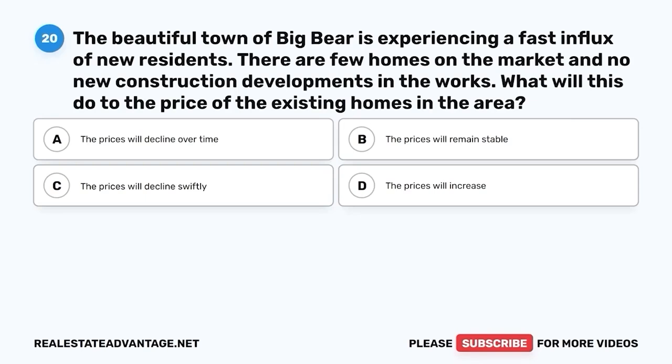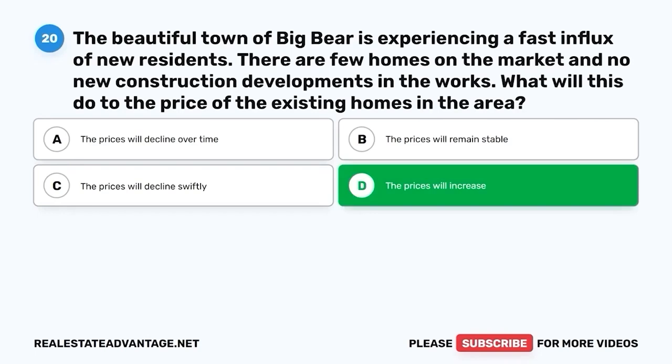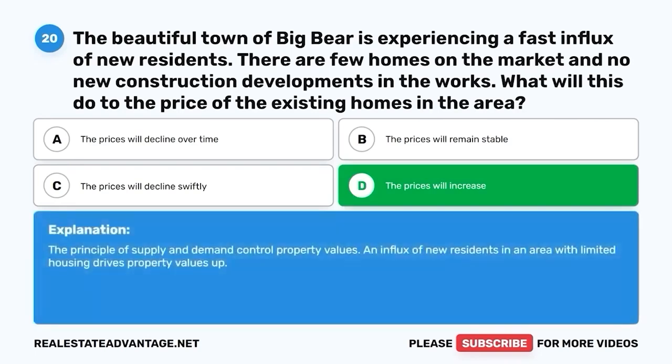B. The prices will remain stable. C. The prices will decline swiftly. D. The prices will increase. The correct answer is D. The prices will increase. The principle of supply and demand control property values. An influx of new residents in an area with limited housing drives property values up.